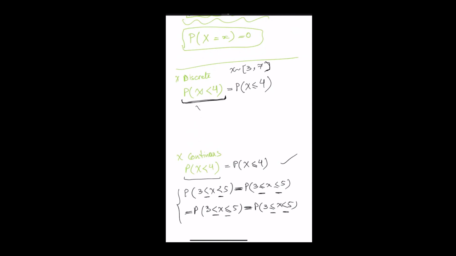Just 3, x equal to 3. How about this one? 3 and 4. Exactly. So these two probabilities are not equal.